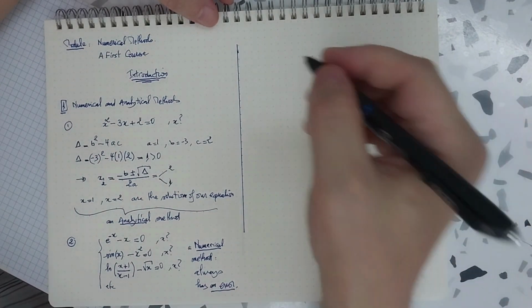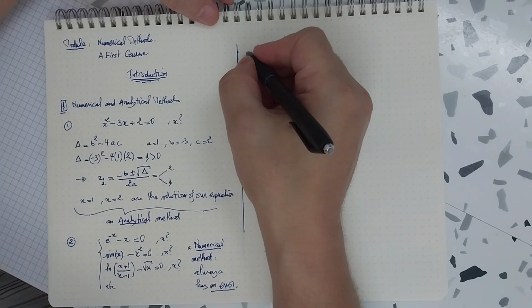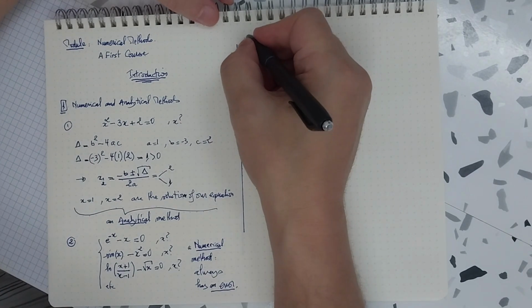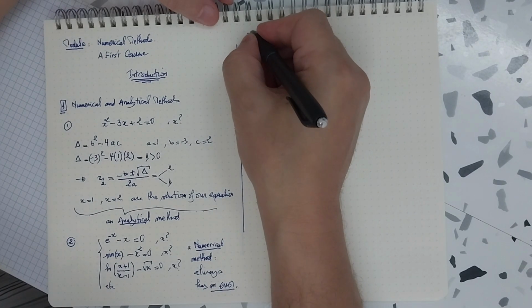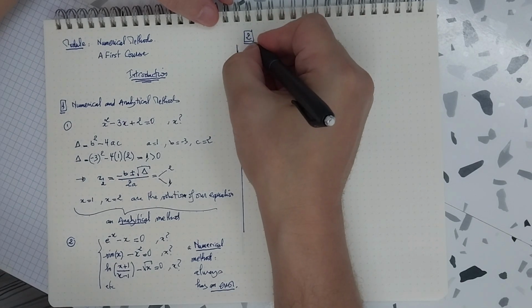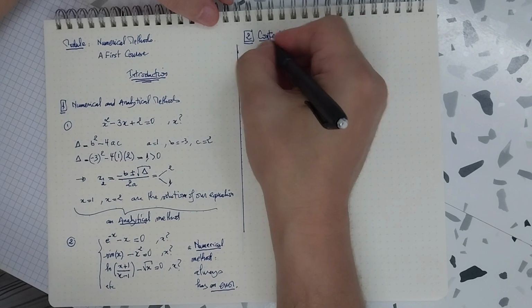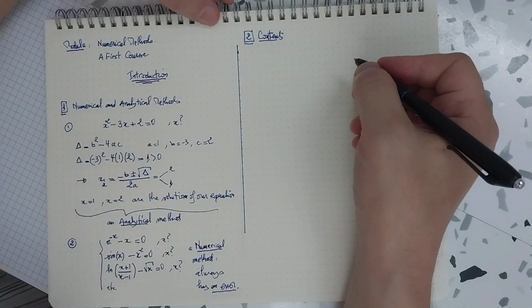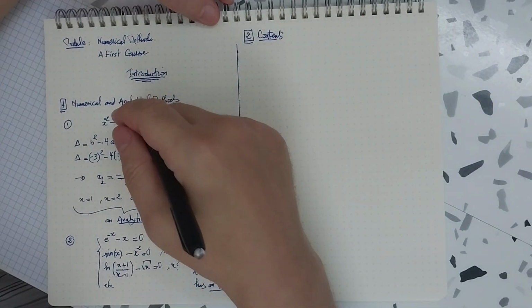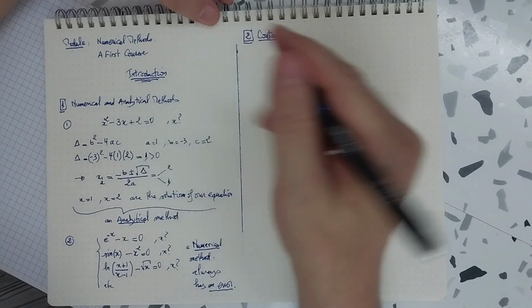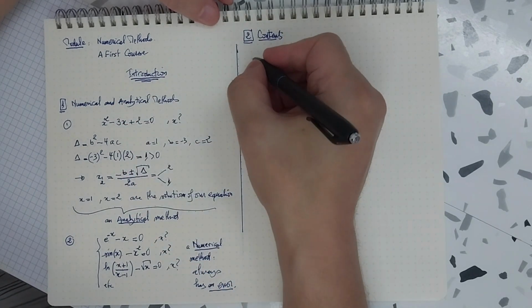Let's move to the second part, the contents. And we start with chapter 1. Chapter 1 is the root of an equation.